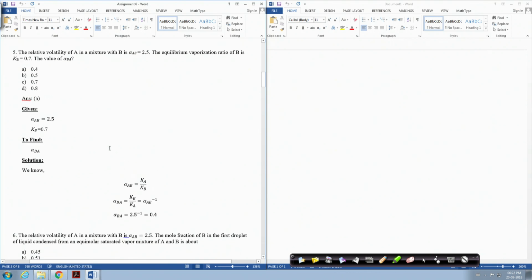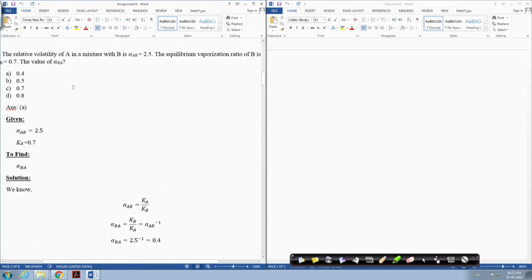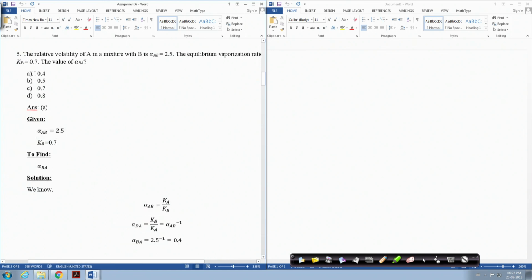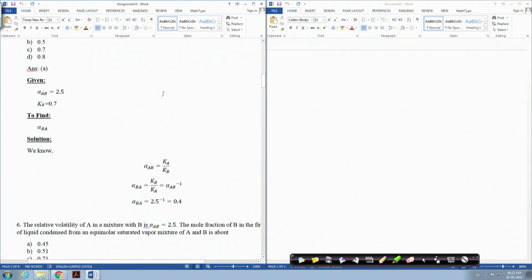That means in this particular question, the value of Kb which was given to you is not really needed. This is extra information. You can find alpha BA based on the value of alpha AB only, and that is how you get the value of alpha BA as 0.4.